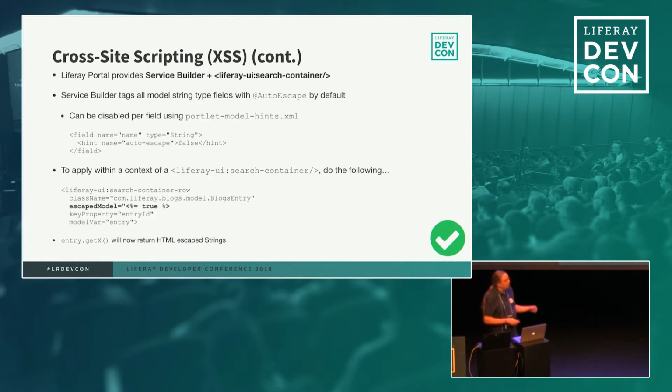So in order to apply that auto-escaping within your JSP, you need to use these search container tags and use the attribute on it, escapedModel equals true. Then all the auto-escaping will take place when you call get methods on that model instance.